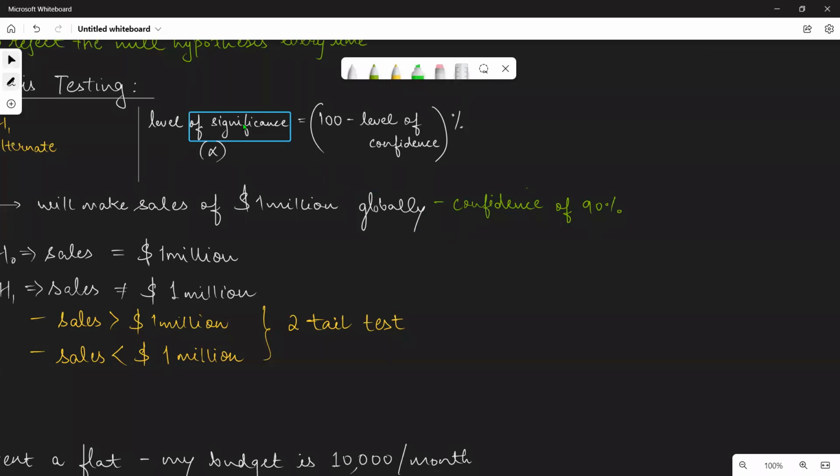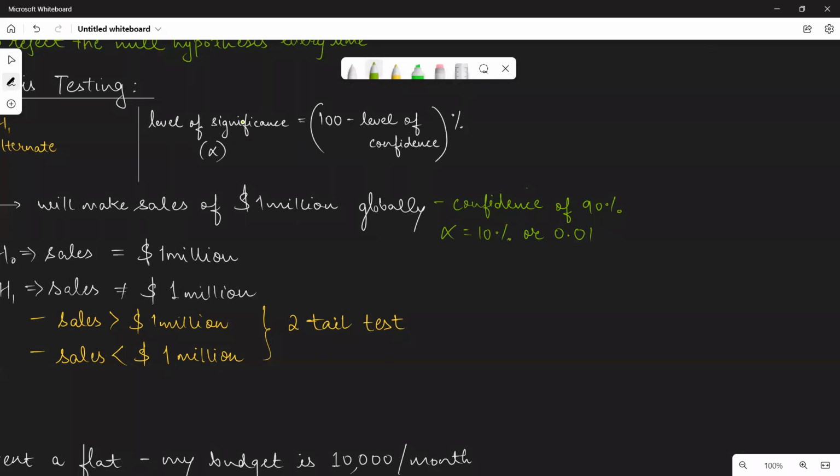So when OnePlus claims that they will be able to make sales of $1 million globally with a confidence of 90%, the alpha value from this question is how much? 10%, or you can say 0.1.